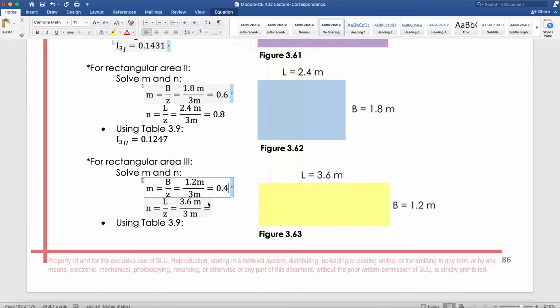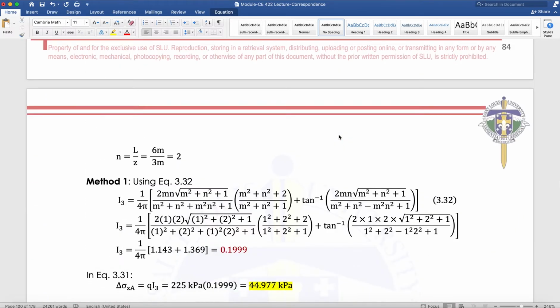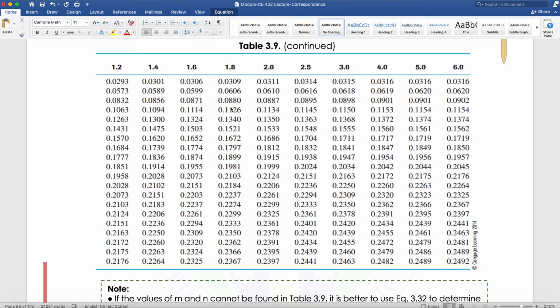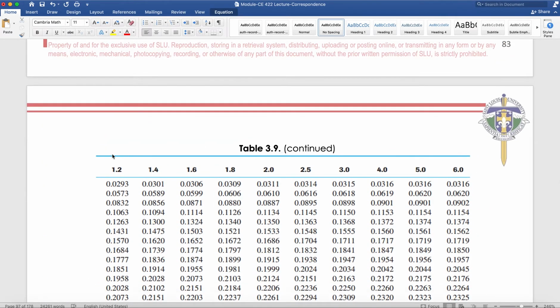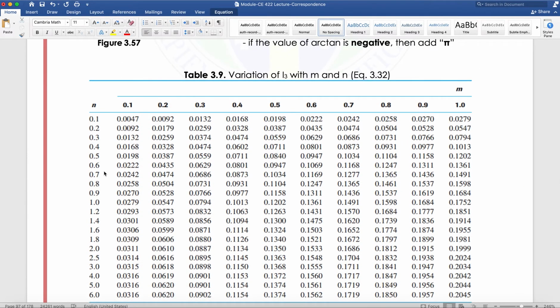Then next is 3.6, we have 1.2. Tapos, 0.4, 1.2. Balik tayo sa table. M here is 0.2, 1.4. Ayan, 0.2. Then 1.4 is this. So we have 0.589.